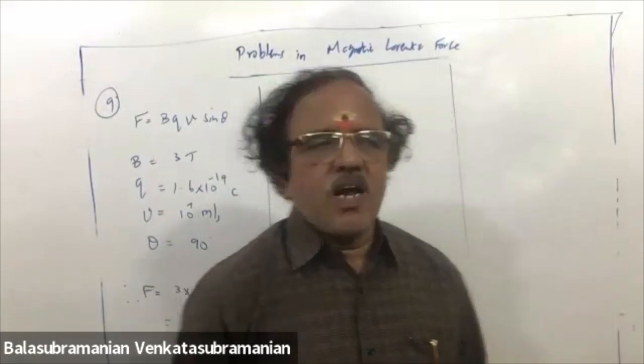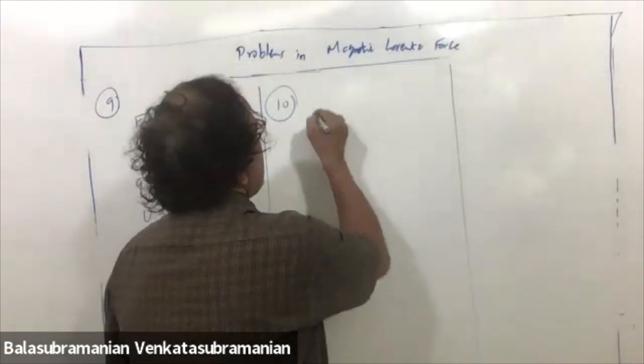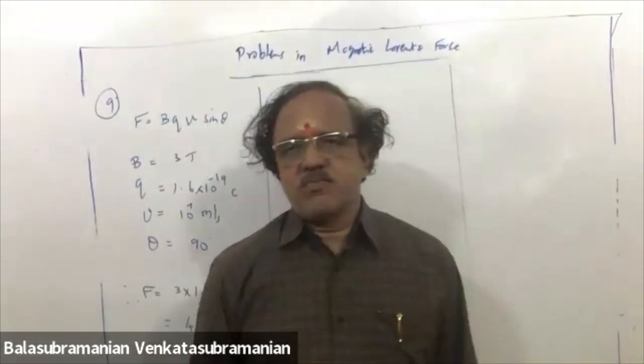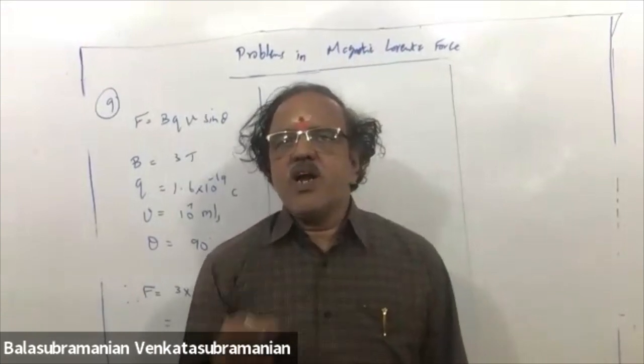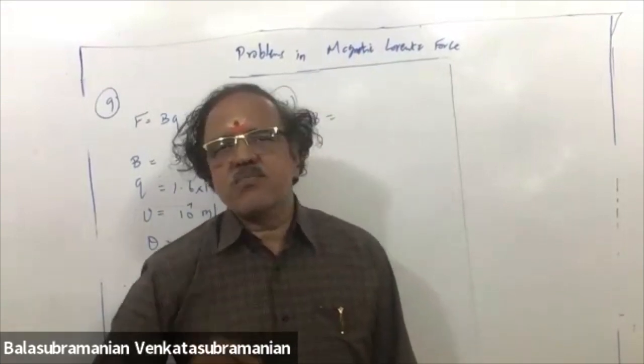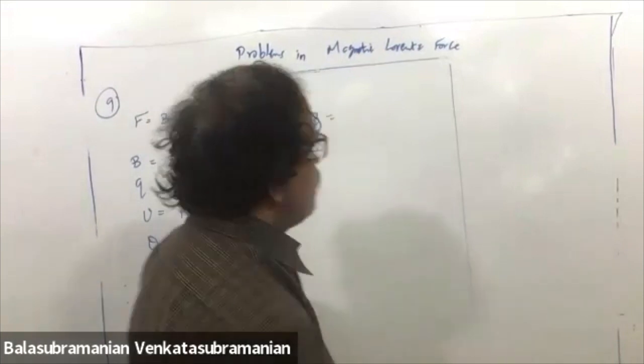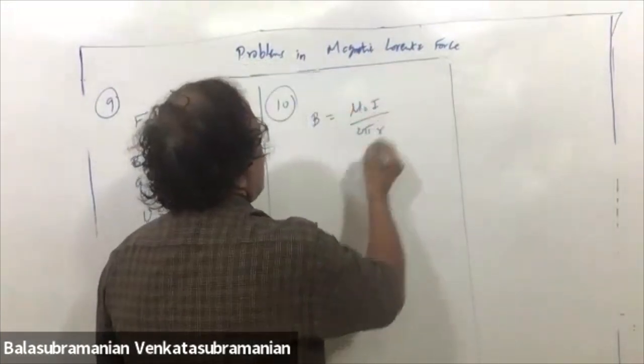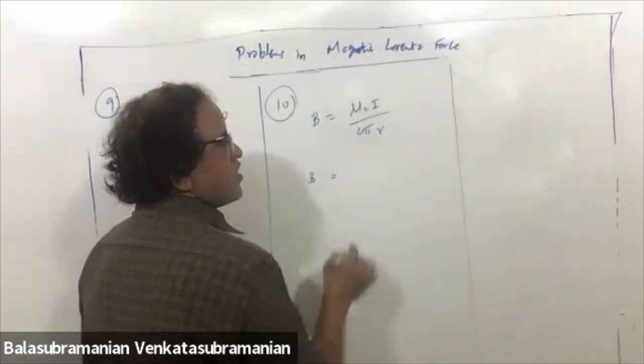Using the Biot-Savart law, the magnetic field due to an infinitely long current carrying conductor is mu naught I by 2 pi r, or 2 pi d, whatever it is.